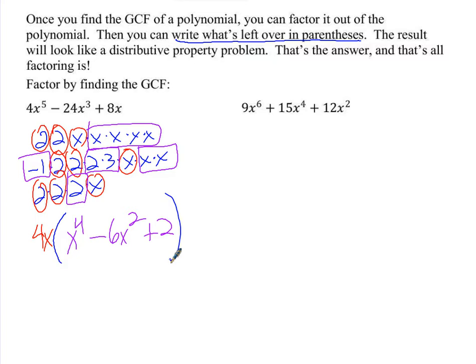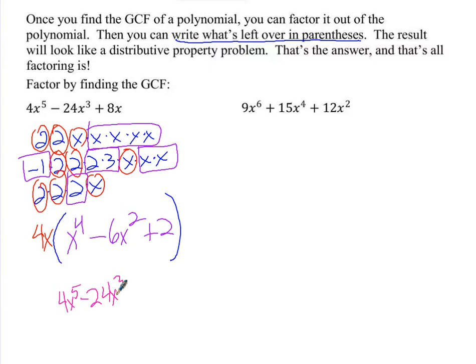Okay? Now, just to show you what happens, if I distribute that back in, and that's kind of where we started this section off, was distributing, multiplying polynomials together. If I take that and I multiply it together, I go 4x times x to the fourth, which is 4x to the fifth. I go 4x times -6x squared, which is -24x to the third.